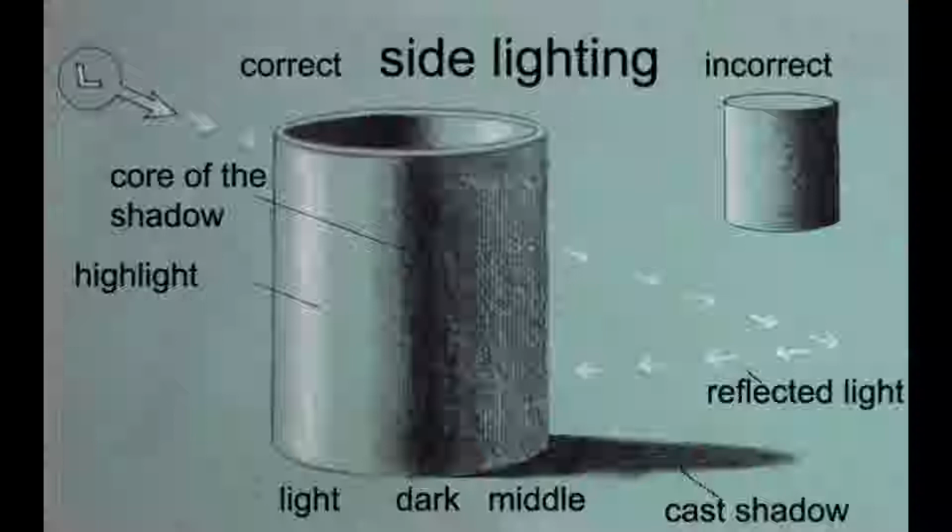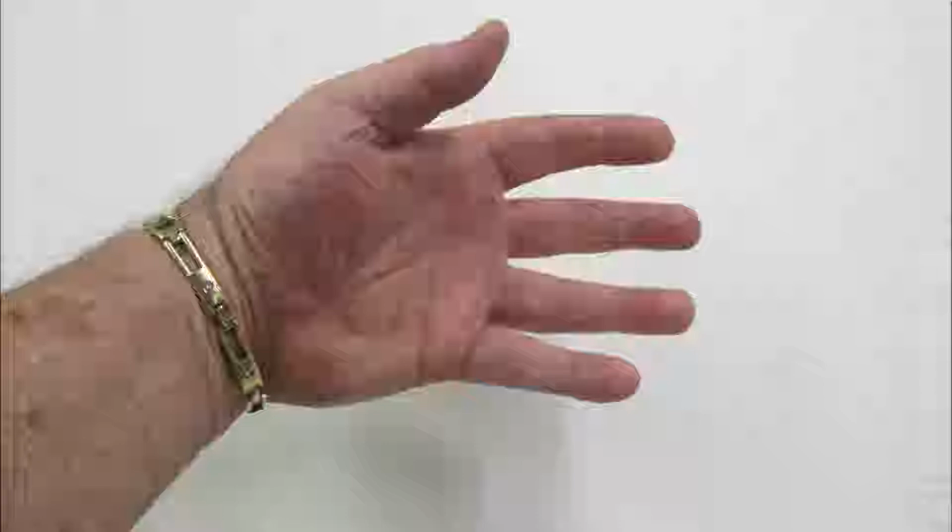So let's look at and try to understand the essential difference between diffused light and a single direct source of light. With the image of the hand, the first image is bathed in fluorescent light, which is light that scatters all over the environment. It doesn't come from any one direction.